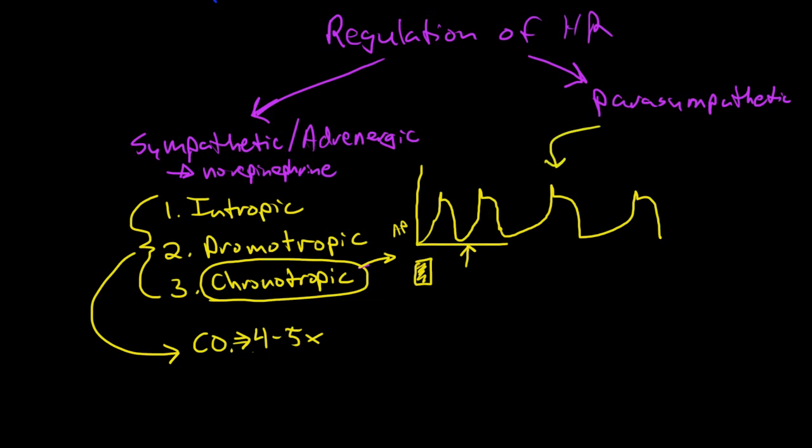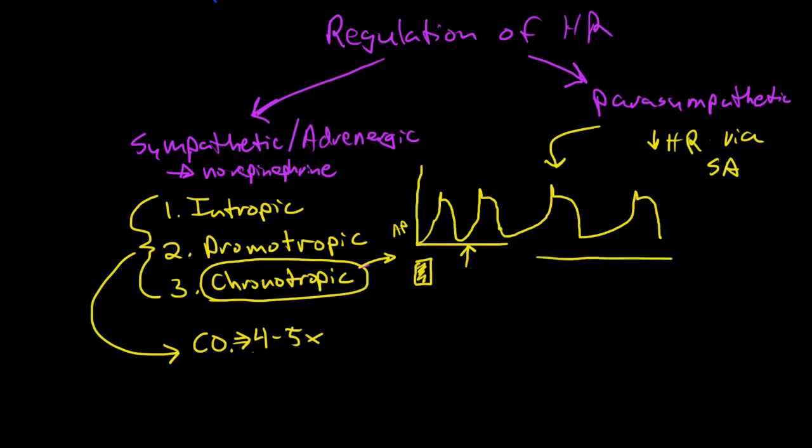However, the parasympathetic effect can be quite dramatic. It's really only a one-trick pony. It only can decrease heart rate because of its effects on the SA node pacemaker cells. But it can be very potent. It can actually stop the heart rate completely.